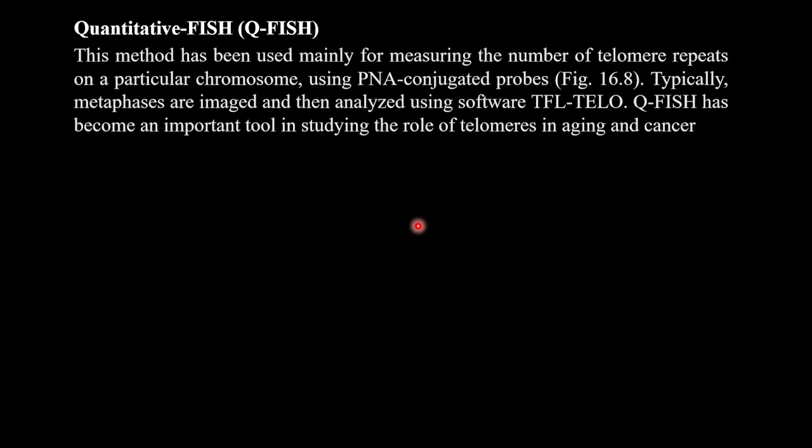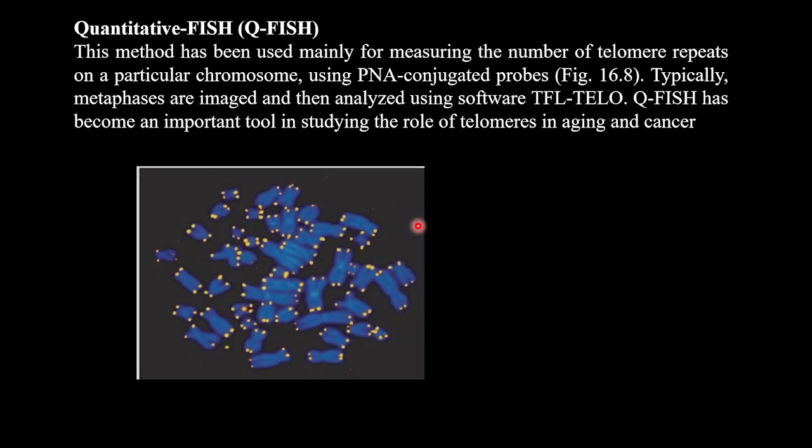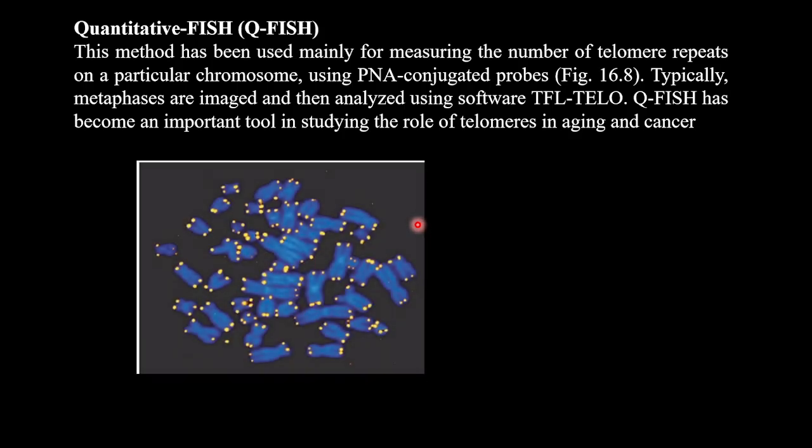So quantitative FISH is going to quantify the number of telomere repeats. As you can see, the telomeres are at the end position. If the telomere length is high, you will get a strong signal. If the telomere length is small, you will get a dull signal.